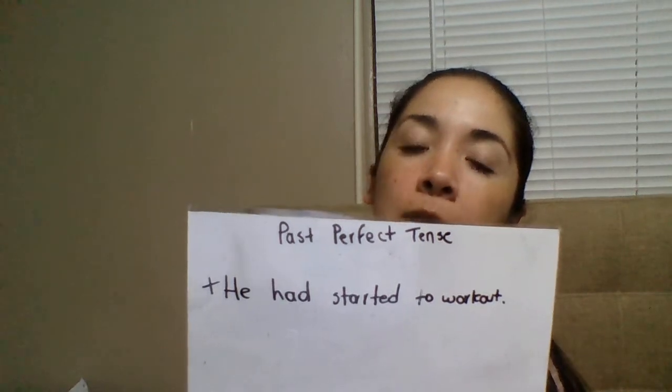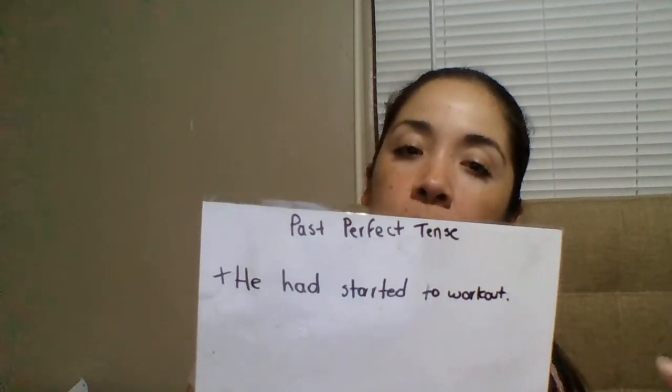How do I make a question with this? Who can tell me? What do I put first? Yes, I use the auxiliary. So I'm going to start. What's the auxiliary here? Had. Okay? Had.